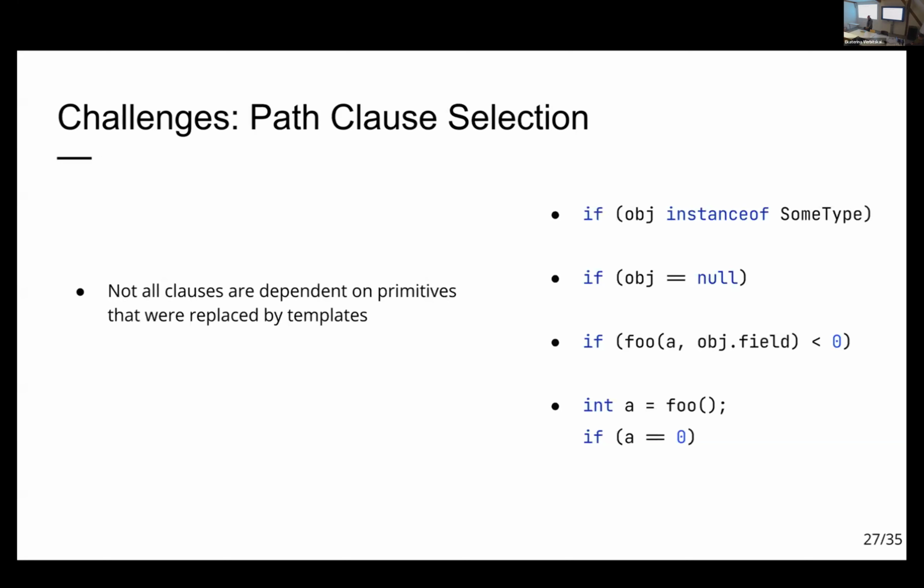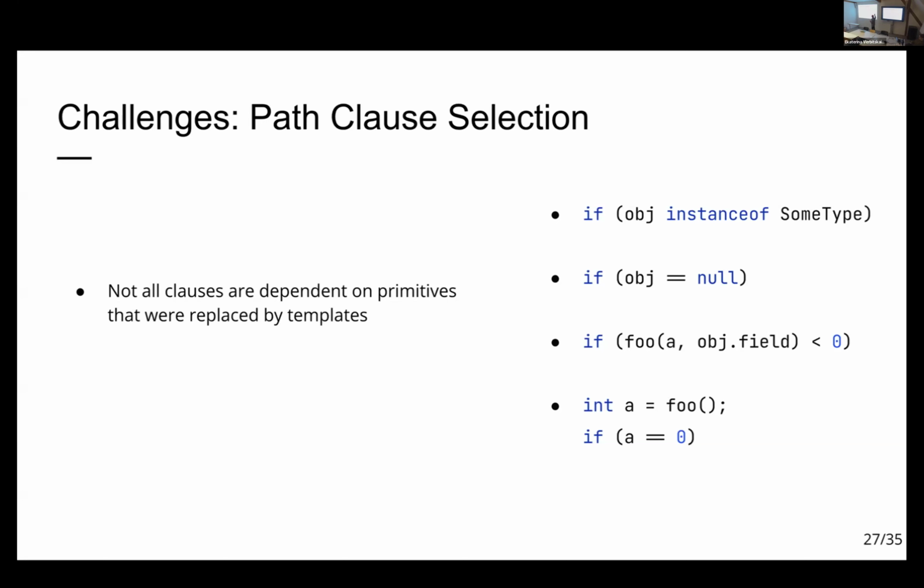The next challenge was path clause selection. What we need to do, we need to choose a condition that we are going to change. First of all, we need to filter out the ones that we cannot change. As you saw, we are mutating only primitives, but not every condition depends on primitives.